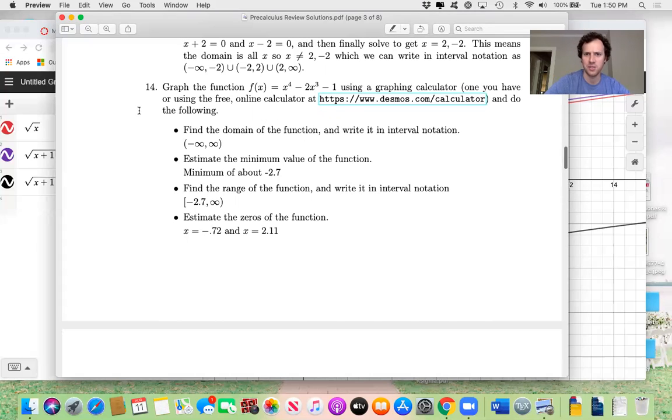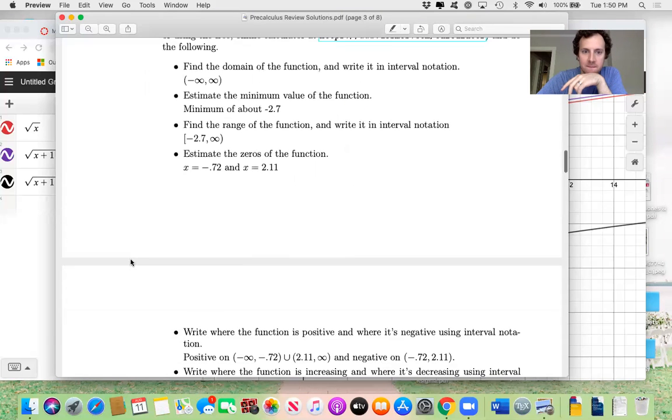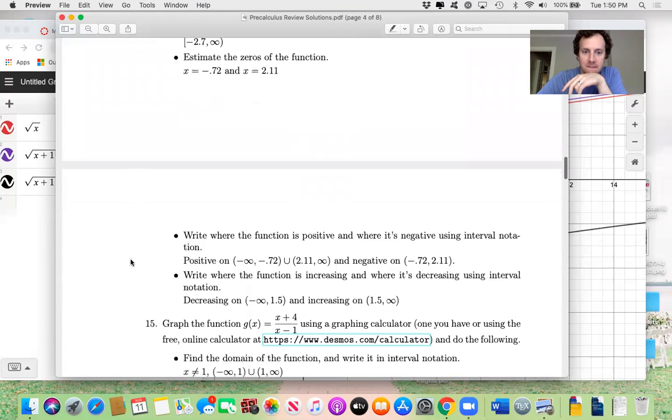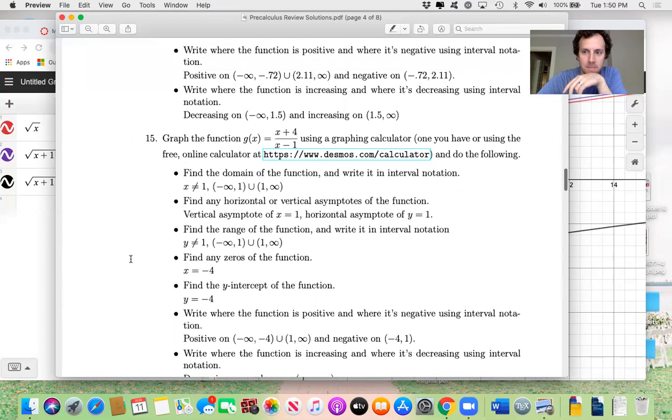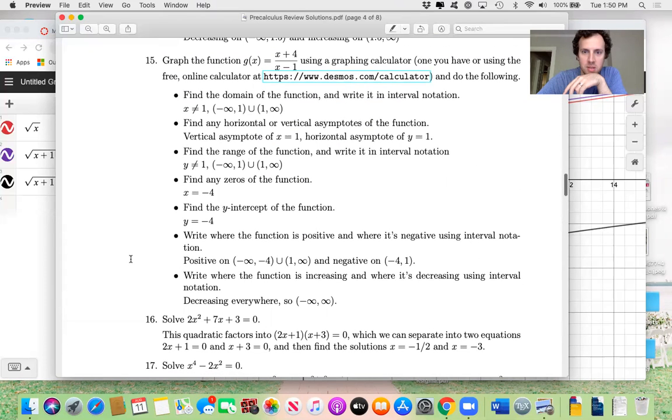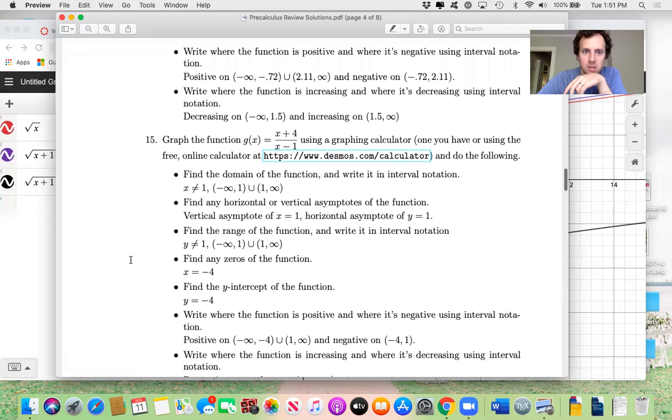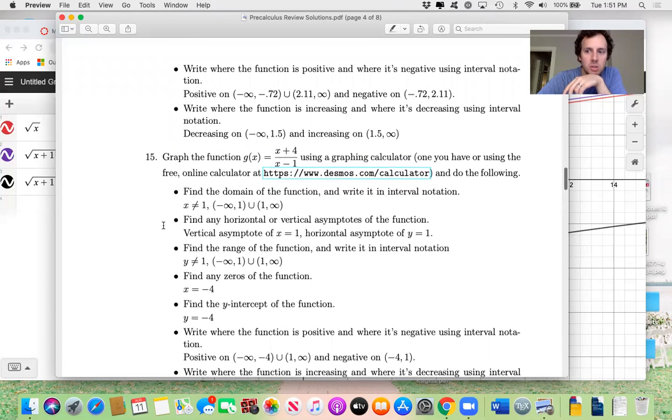And is there a preference for these two? They're kind of the same in that look at the graph and use it to answer questions, but they're very different looking graphs. So let me do number 15 then.